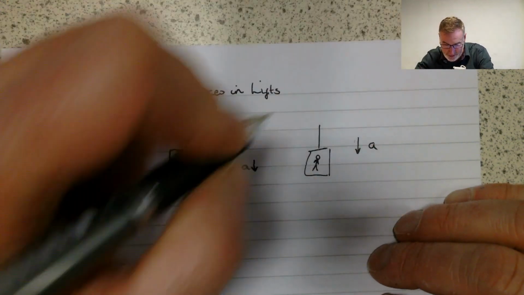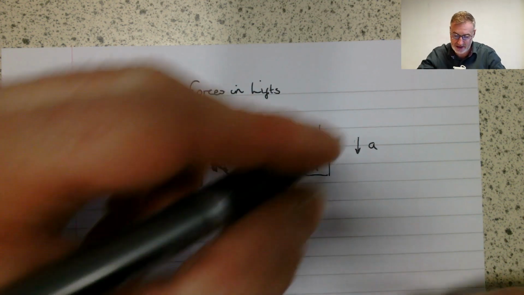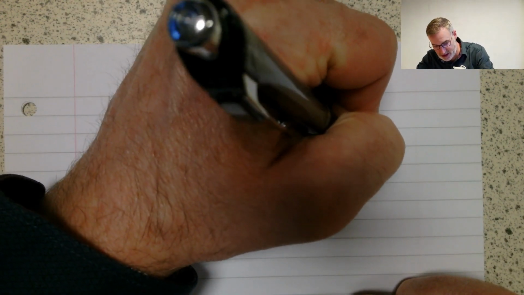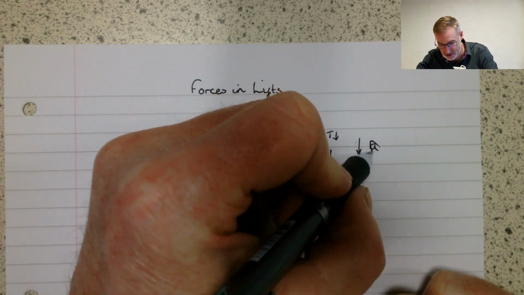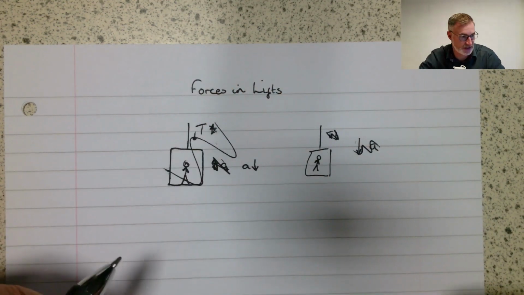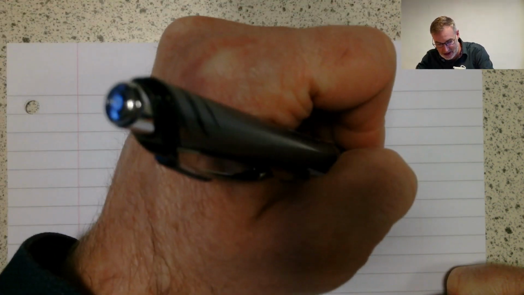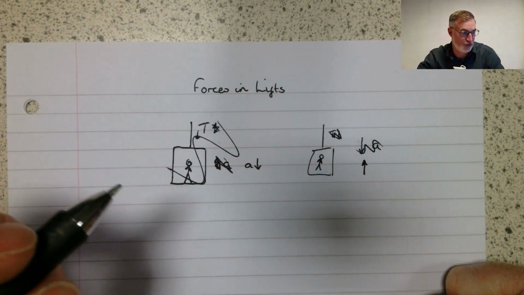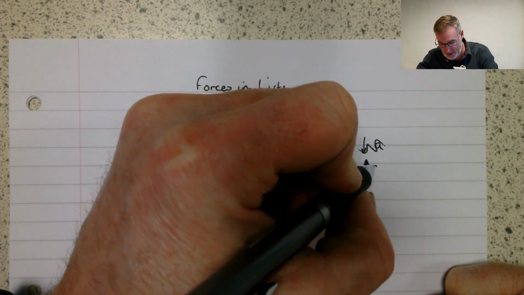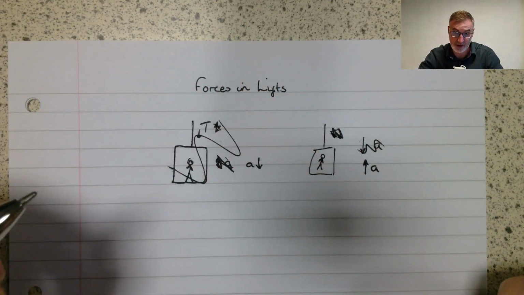As you first start to move, it accelerates downwards, and you feel a bit lighter, because the tension is getting less. When it moves at a constant speed, there is no acceleration, and therefore the tension is normal again. And as it gets down to the bottom, the acceleration is in the opposite direction again from the motion, and so that makes you feel a bit heavier.